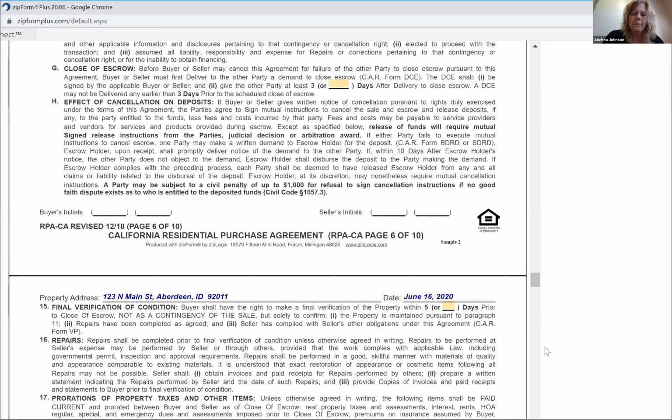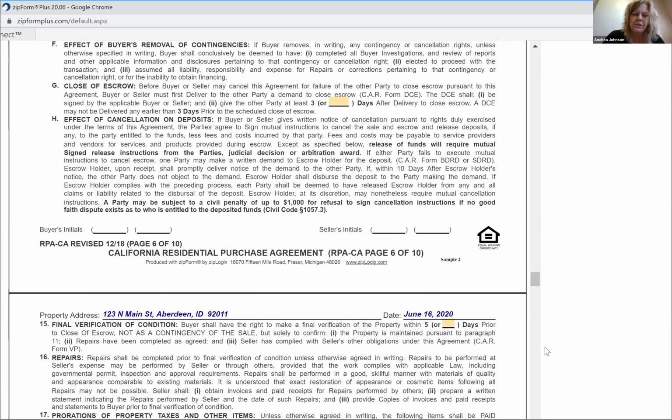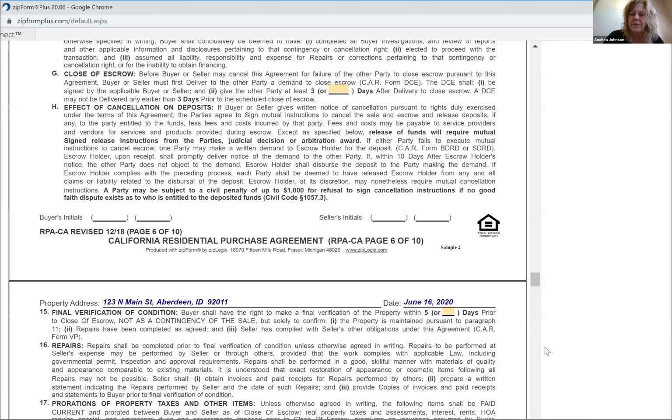So back to, if no good faith dispute exists. If there is a good faith dispute, say contingencies have been removed, and seller believes they are legitimately entitled to claim the deposit, and buyer refuses to sign the instructions, then buyer could be subject, in addition to forfeiting the deposit, to a civil penalty of up to $1,000.